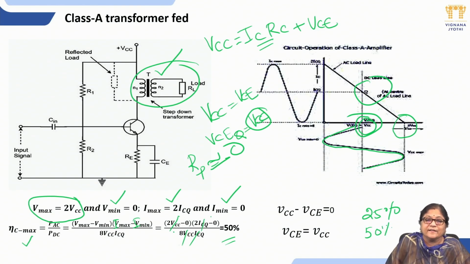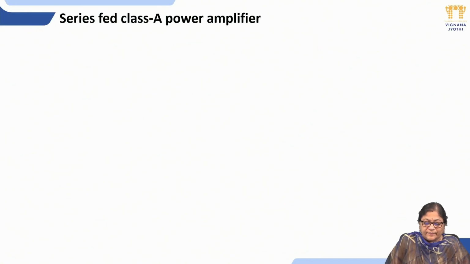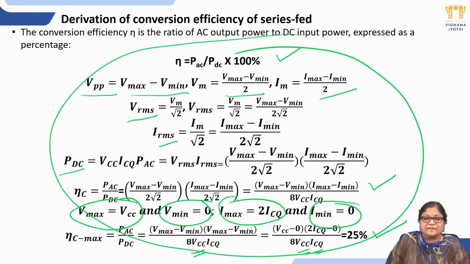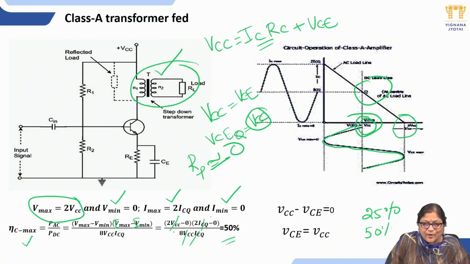So in class A, there are two types. As a conclusion, I can tell you, in class A series fed power amplifier, the conversion efficiency is 25%. If you take the same circuit diagram, same operating point, the only change we have made is that the load is taken through a transformer so that it is reflected onto the primary.